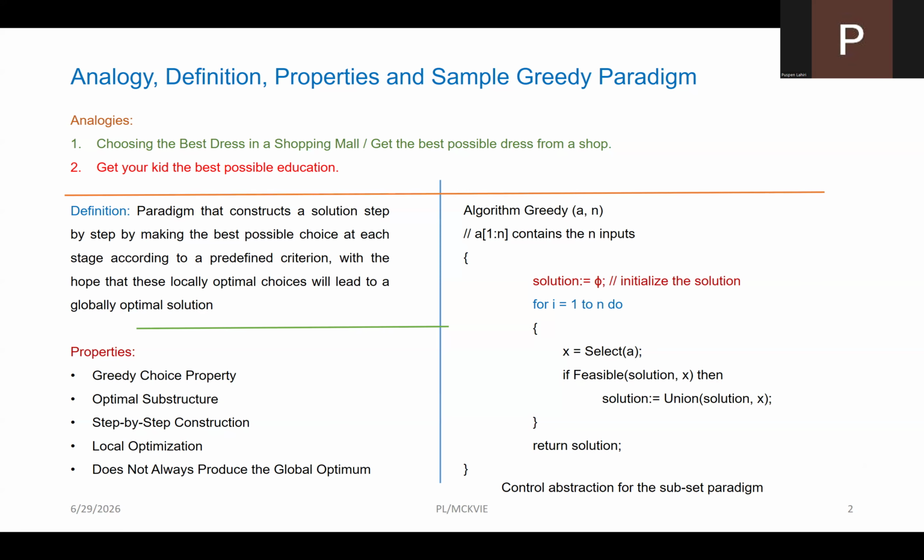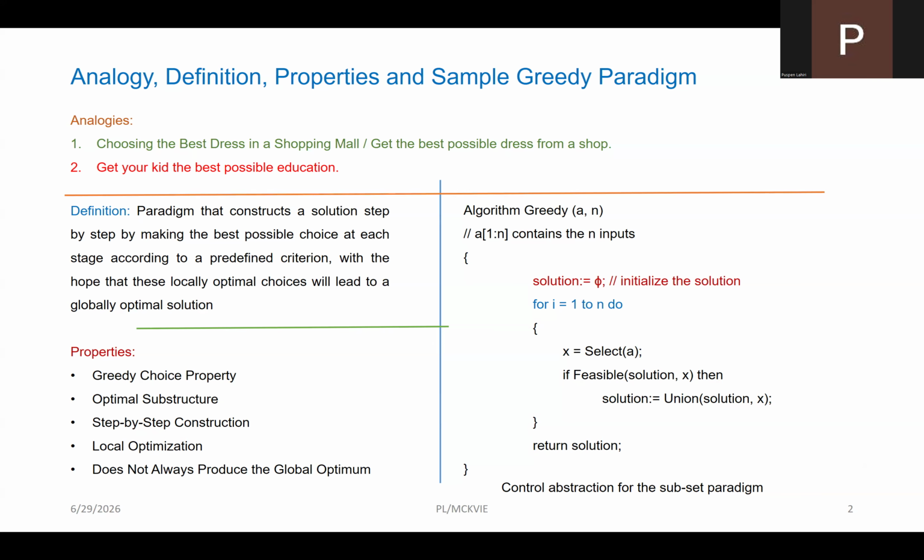That is why in the slide it is written: paradigm that constructs a solution step by step by making the best possible choice at each stage according to some predefined criteria, with the hope that these locally optimal choices will lead to a globally optimal solution.